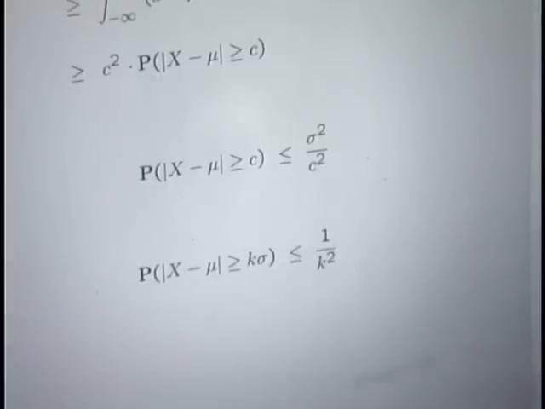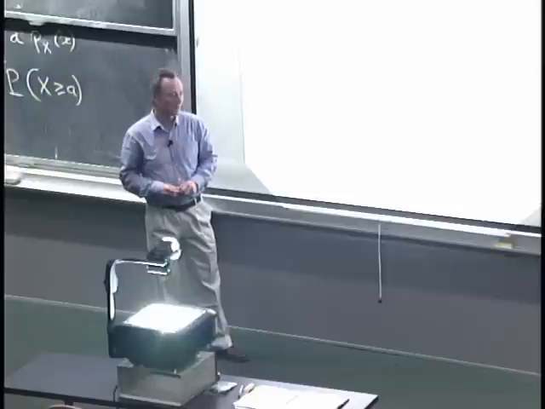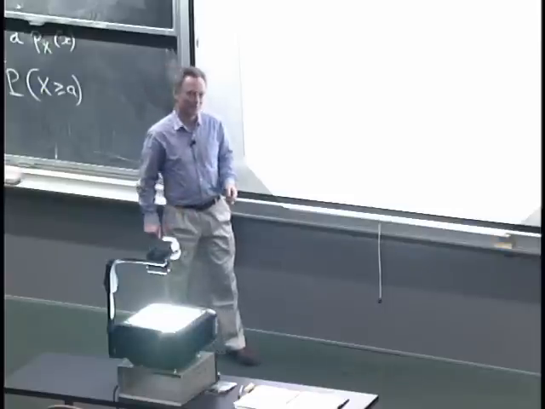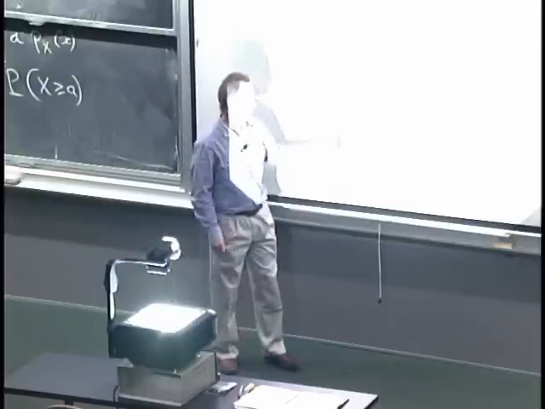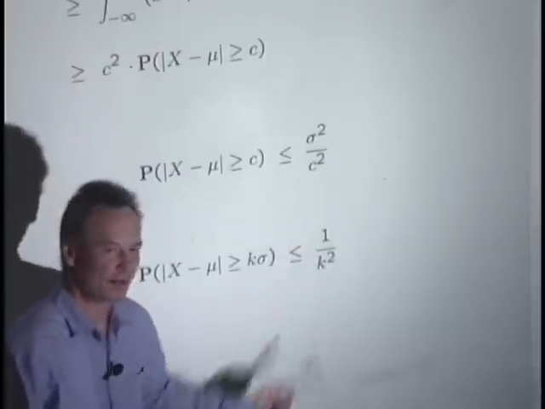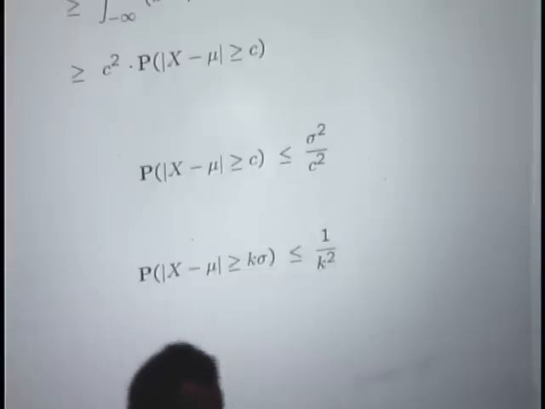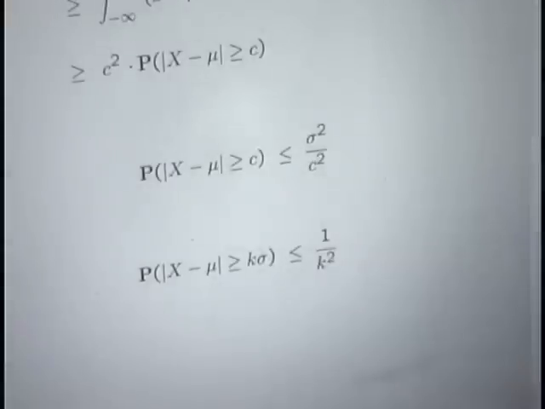So, for example, this statement here tells you that if you look at the test scores from a quiz, what fraction of the class are 3 standard deviations away from the mean? It's possible, but it's not going to be a lot of people. It's going to be at most 1/9 of the class that can be 3 standard deviations or more away from the mean.